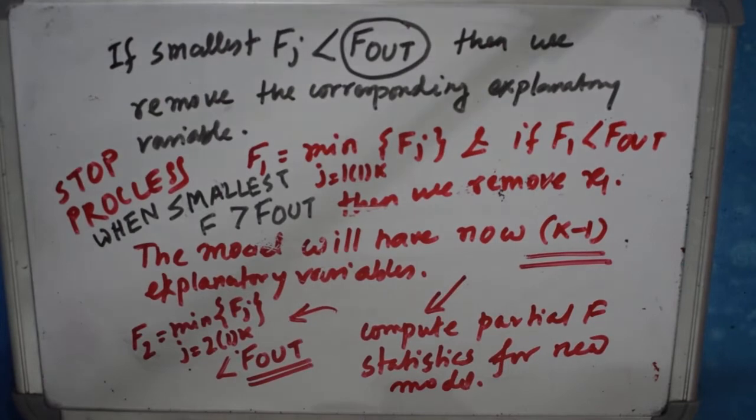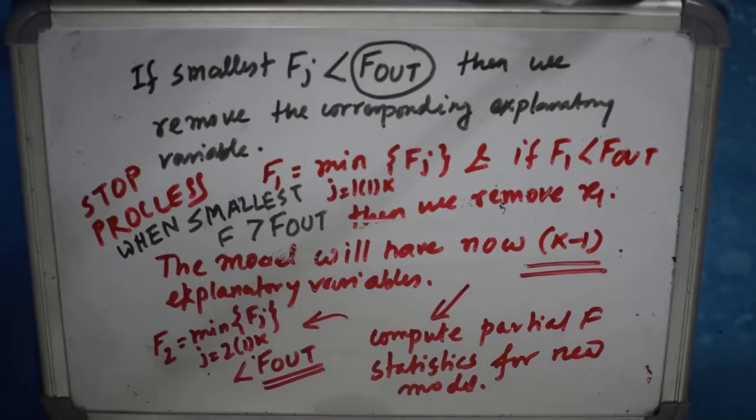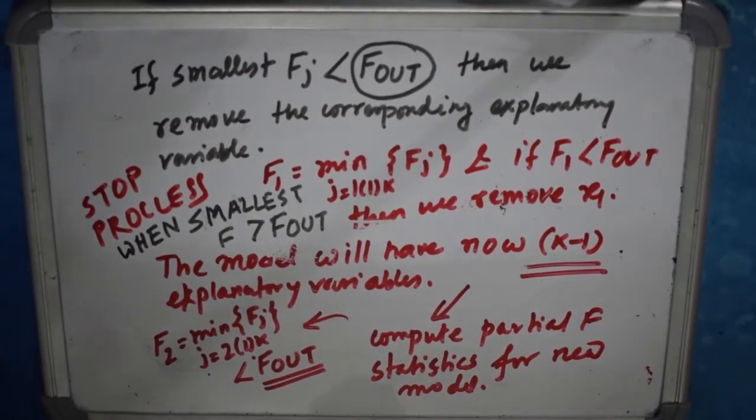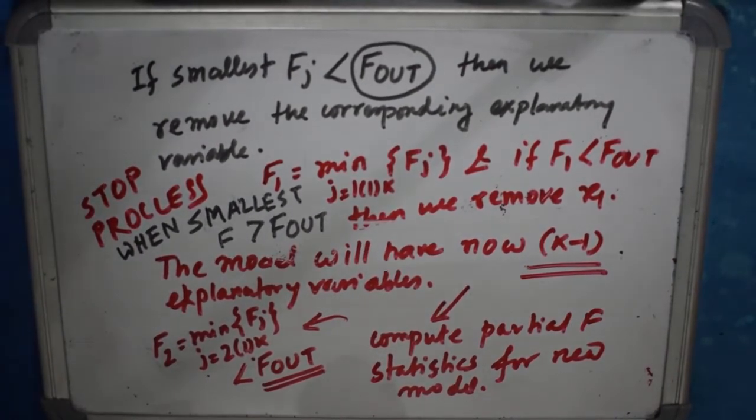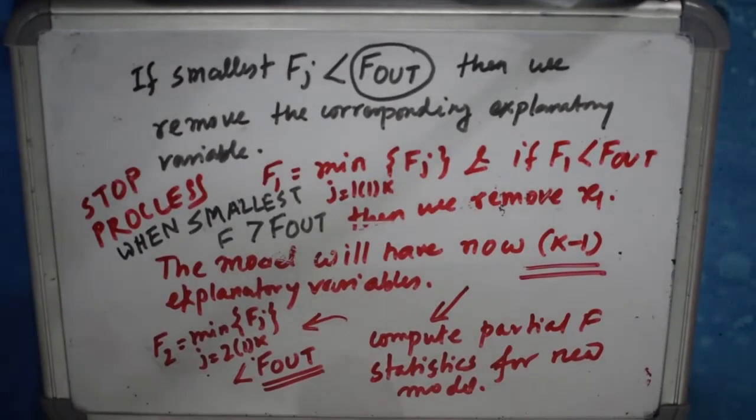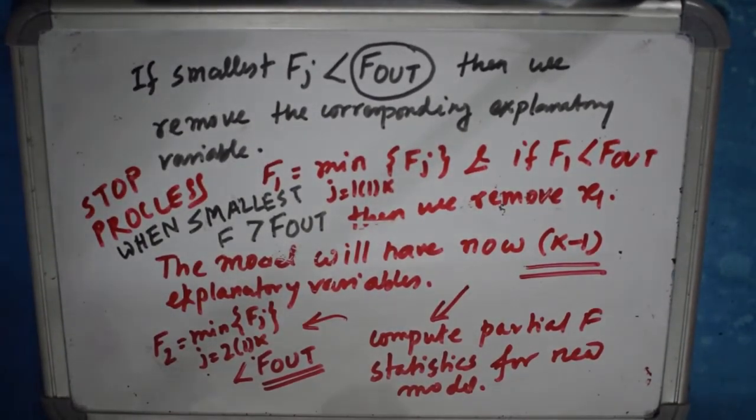If this minimum partial F statistic is less than F out, which is a pre-specified value, then we drop or remove the corresponding explanatory variable, and we continue this process until the situation when the smallest F statistic is greater than F out, that means we stop the process.